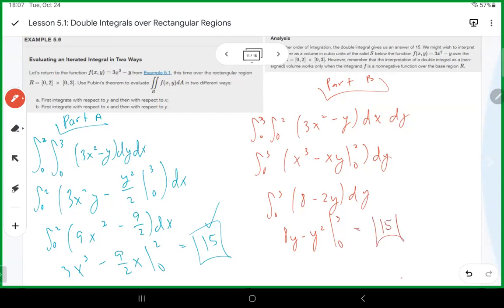And again, you get 15. So the takeaway there should be that you get the same answer no matter what. I have to turn the light on real quick so you guys can go ahead and make sure you have all that down.